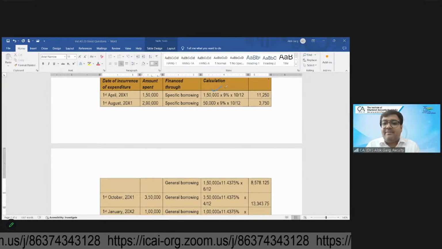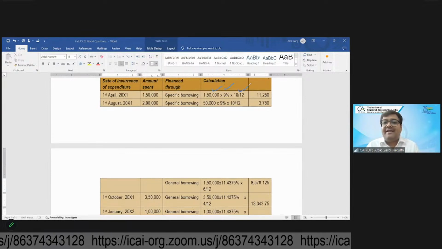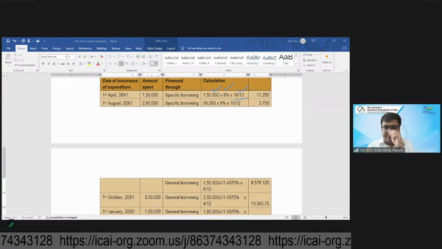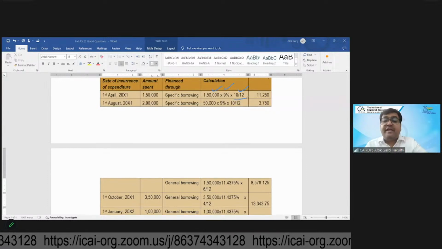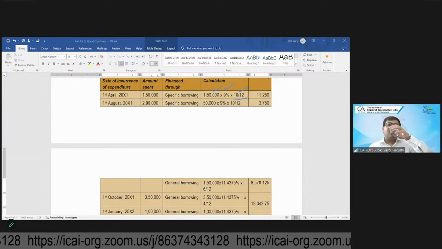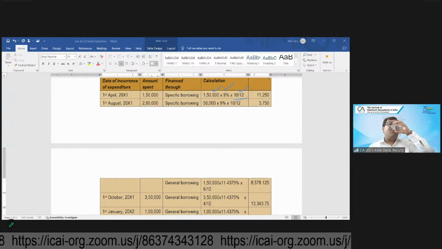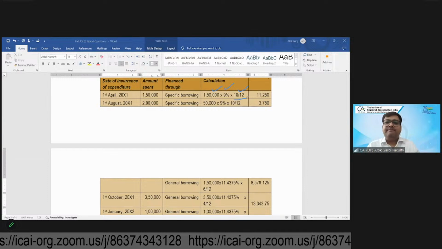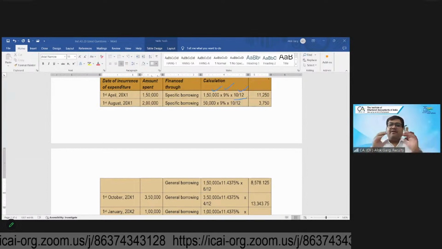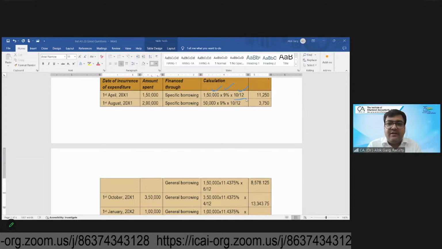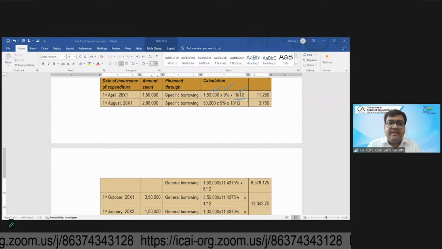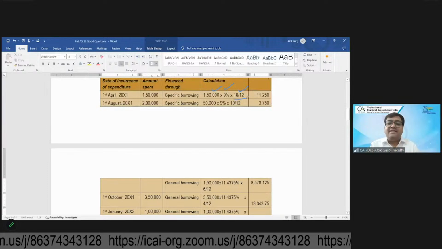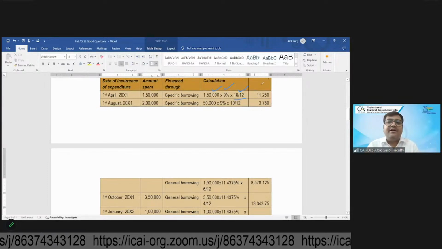So this is how the calculation has happened. 1,50,000 multiplied by the rate of the specific borrowing, multiplied by 10 divided by 12. Why 10 divided by 12? Why has it been calculated for 10 months? Yes, Rahul, you are right. Because the capitalization date is 31st January 20x2.